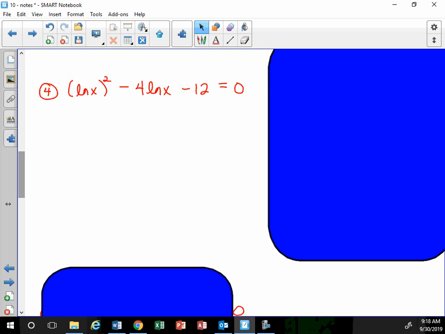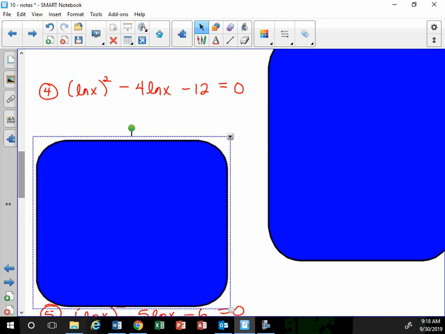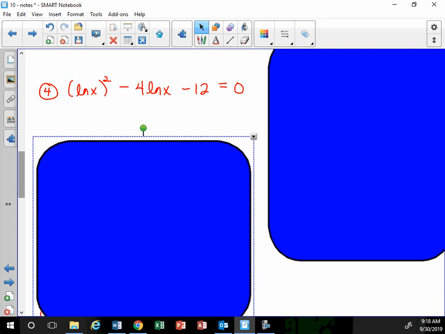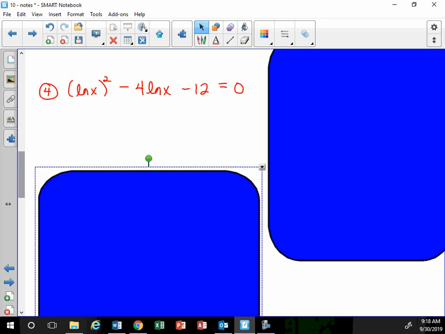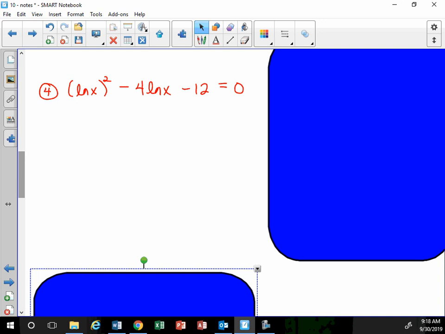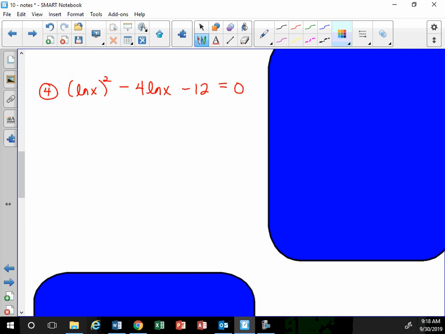Parentheses matter on this one. This one looks different, right?